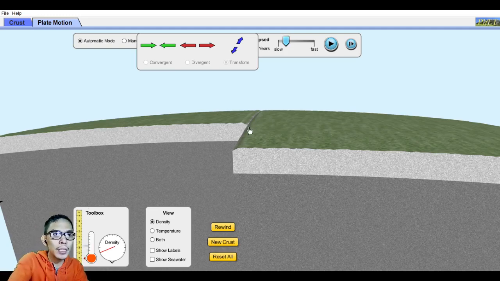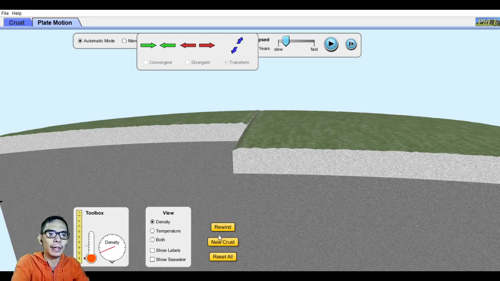The movement is parallel: the two plates are moving parallel towards each other, or parallel away from each other. This is the transform boundary at the continental crust.